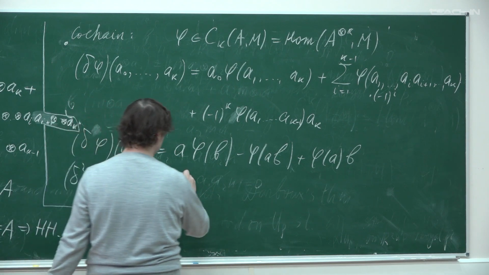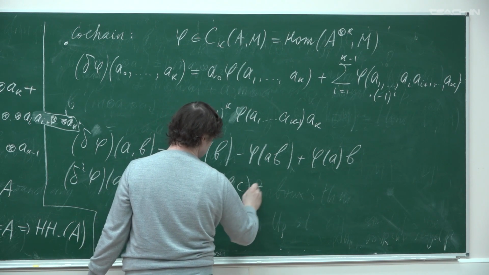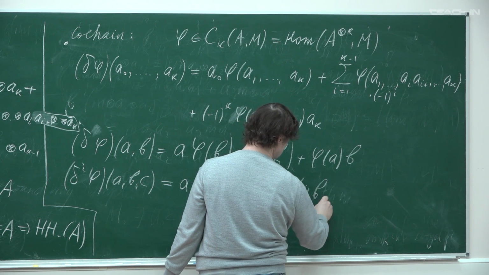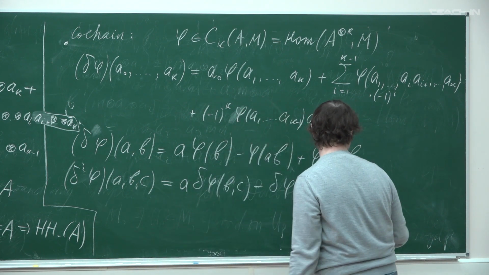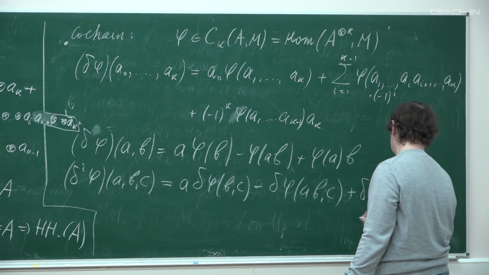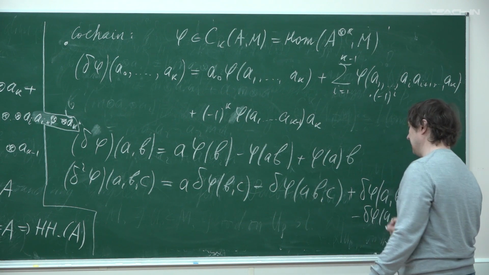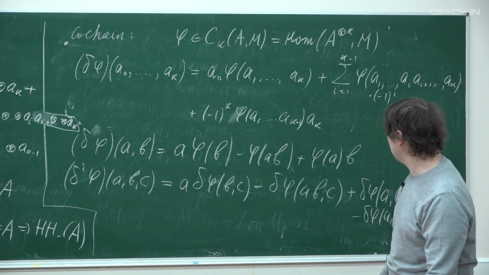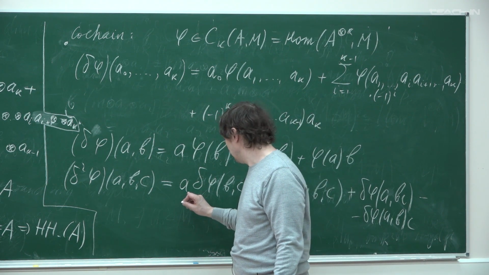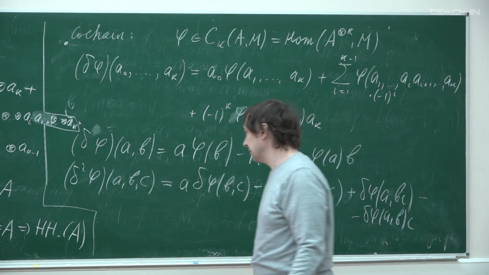First, we take a delta phi(b, c) minus delta phi(ab, c) plus delta phi(a, bc) and minus delta phi(a, b) times c. By the way, if you look attentively, you'll see that the formula on the right is precisely the associativity condition where we replace b1 by delta phi. It is precisely this condition. Okay.